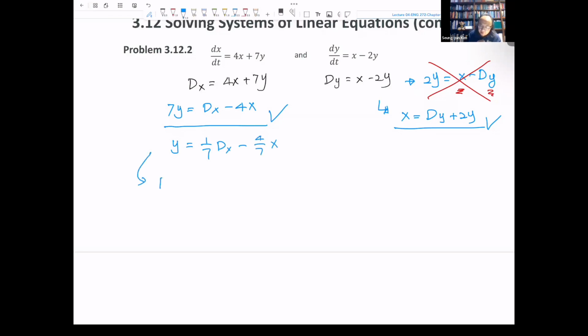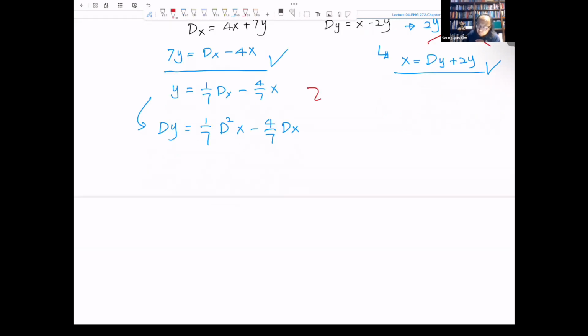Then you can do Dy: 1 over 7 D squared x minus 4 over 7 Dx. Use these two to substitute here.